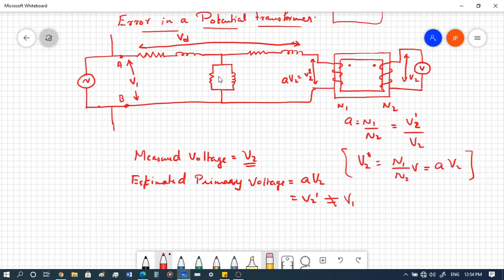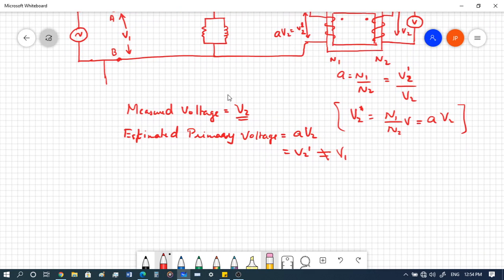So let's call this entire drop between V1 and V2 as Vd. So basically V1 is equal to Vd plus V2 dash. So the true value is equal to the voltage drop plus the estimated value.